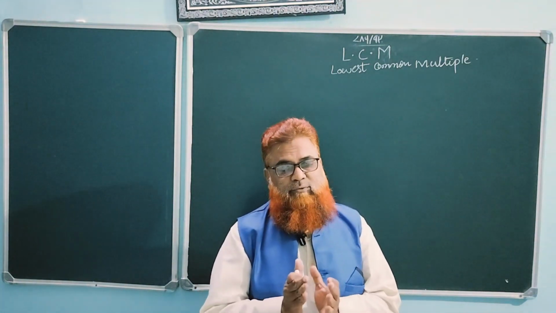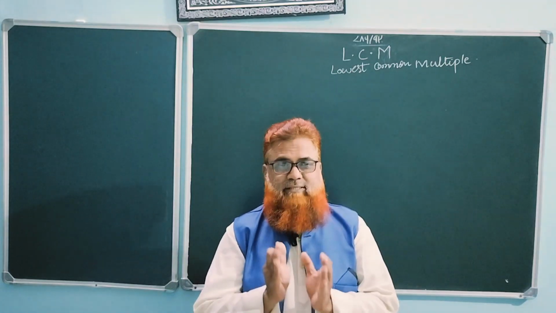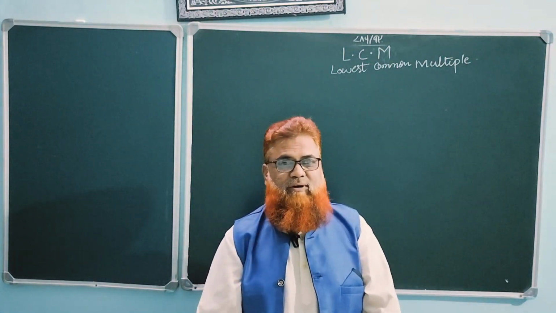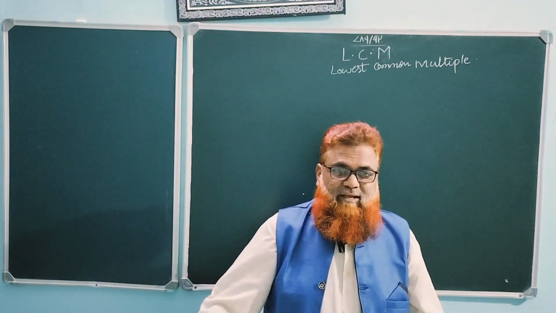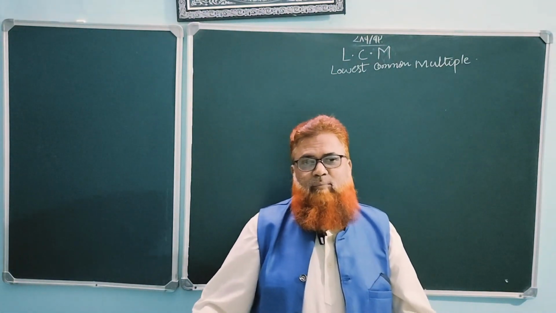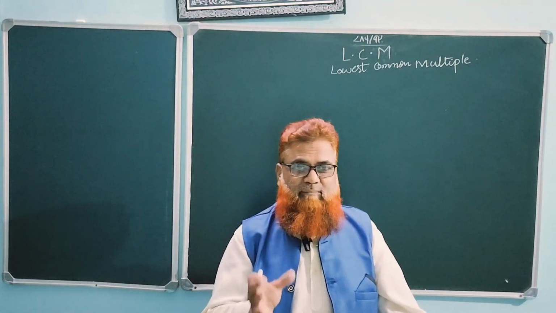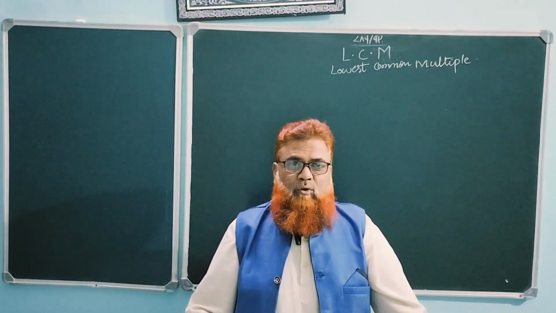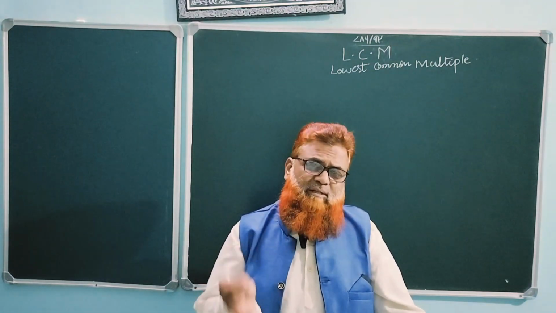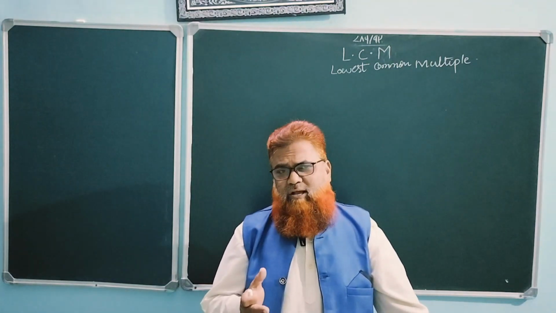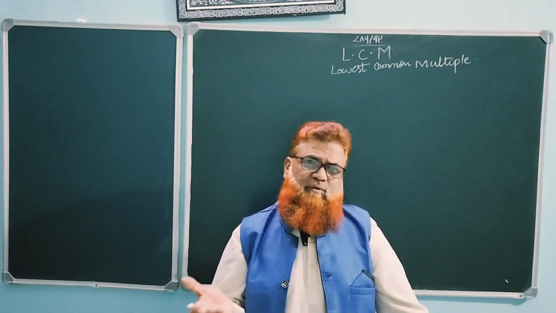I repeat once again, listen carefully. I am going to discuss with you today LCM and its short tricks. What are its short tricks? And what is its long trick? As I told you, it's a very important aspect of learning mathematics. We must know that LCM is most important, particularly when we solve problems of rational numbers, fractions, and decimals.